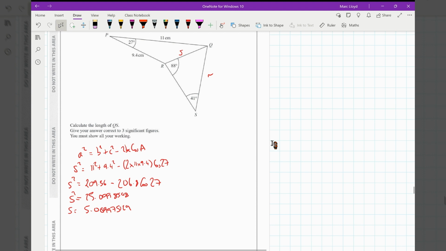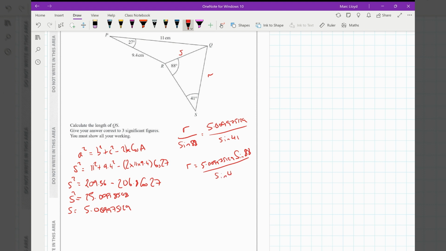5.009975129. Okay, so that's what s is. And I know to find r, r over sin 88 will be equal to s, which is 5.009975129 over sin 41. I don't want to round it because I'm using my previous answer. I don't want to get an inaccurate answer. So 5.009975129 times sin 88 all over sin 41 will give us our answer.